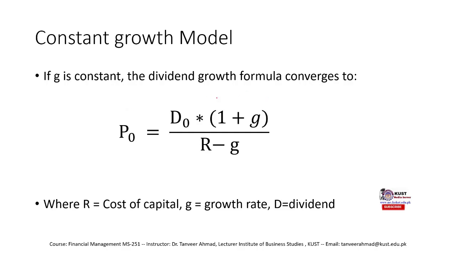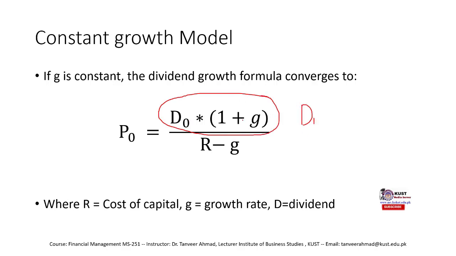We saw this formula, which is the formula for finding the P naught, or the current present value, or the current intrinsic value of a stock based on this growth factor, where we have D naught into 1 plus G divided by R minus G, where this factor is basically nothing but D1.